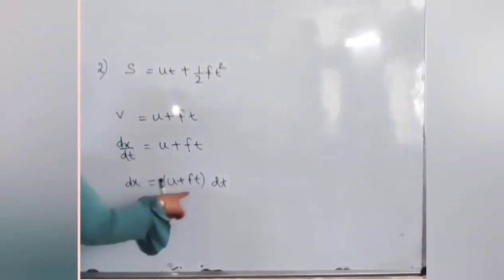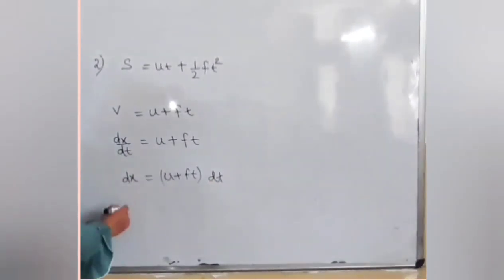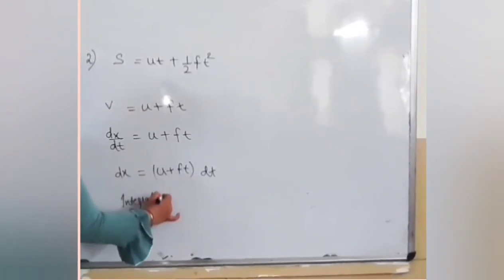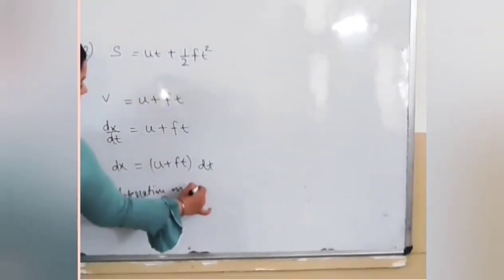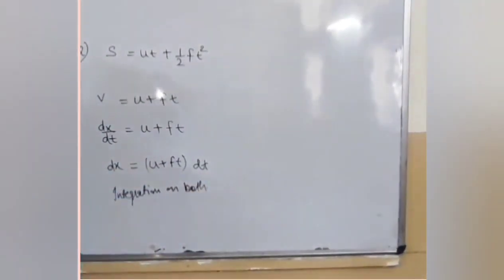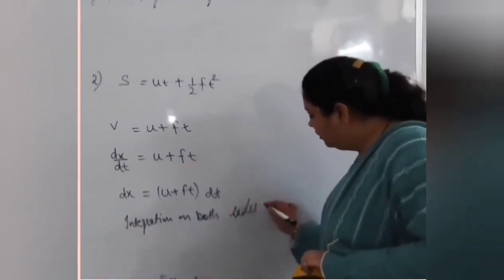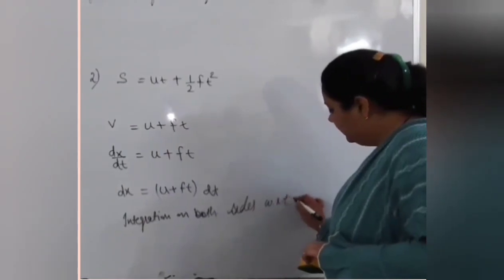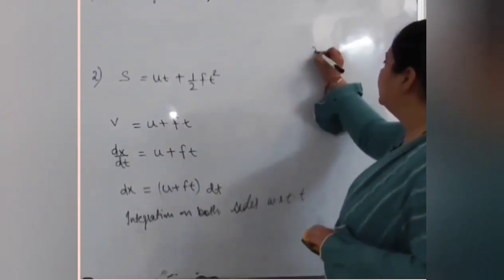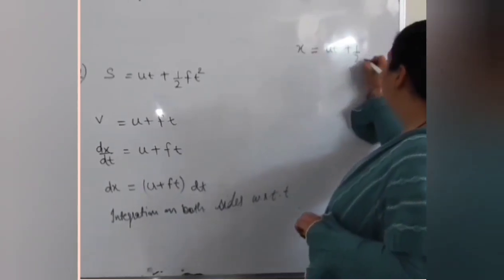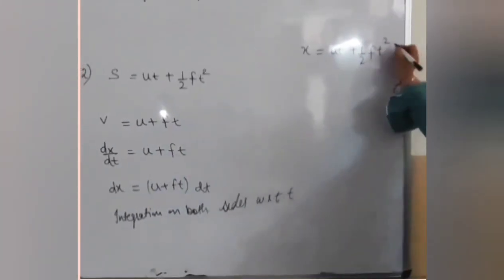Now again we have derivative in the equations. For that we will take integration on both sides with respect to time. So we get x is equal to Ut plus half Ft square.